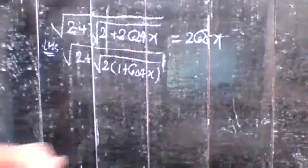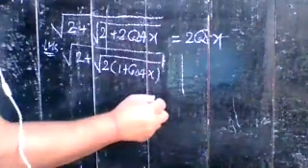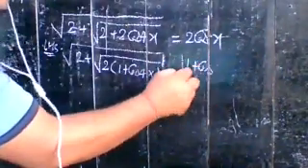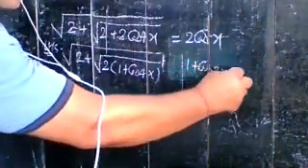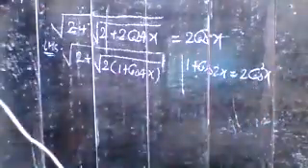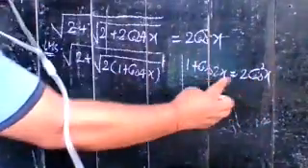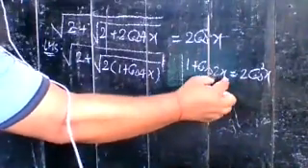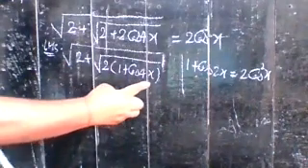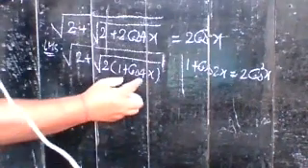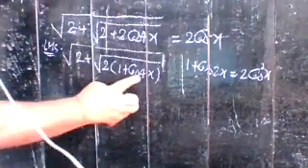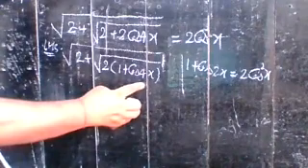Now here you use the identity which I discussed: 1 plus cos 2x is equal to 2 cos square x. See the relation between the angles: here you have 2x, so here you have x. So in place of 1 plus cos 4x, you can write 2 cos square 2x, half of this angle.